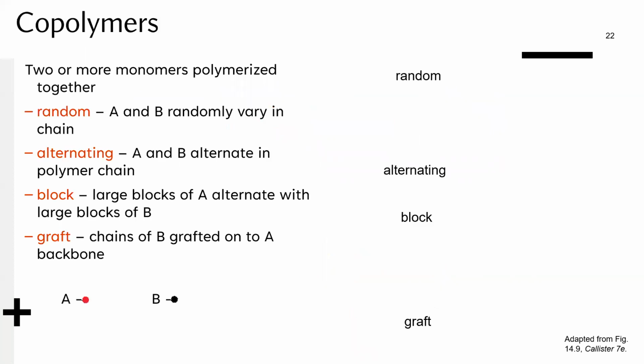So lastly, we're going to talk about copolymers. So copolymers are the case where you have two or more monomers polymerizing together. So what if instead of the same monomer, you have different types of monomers connecting together to form a polymer?